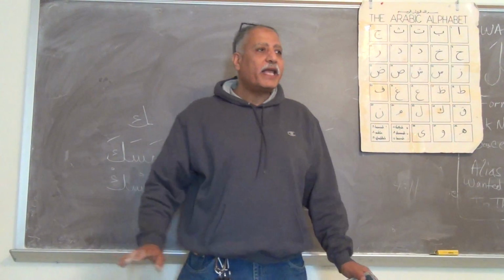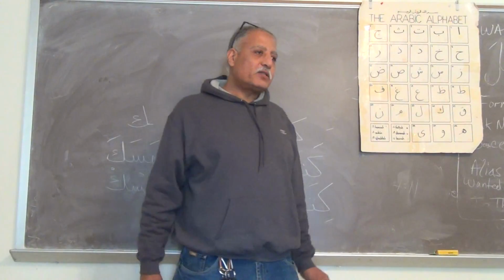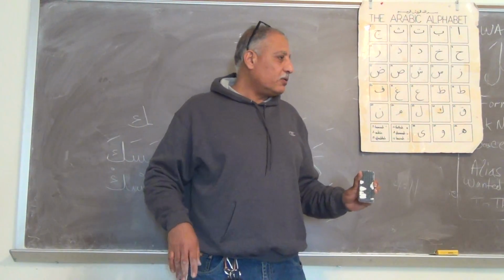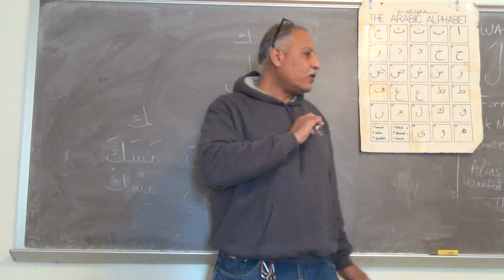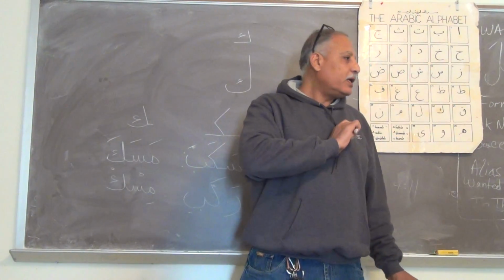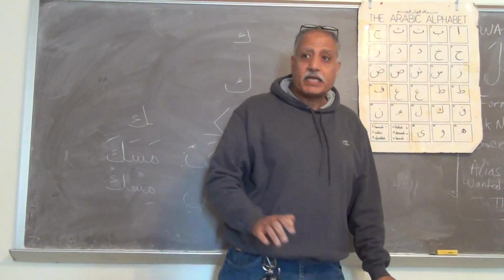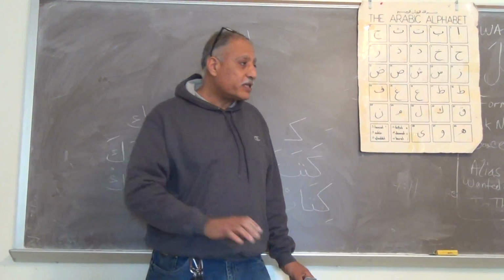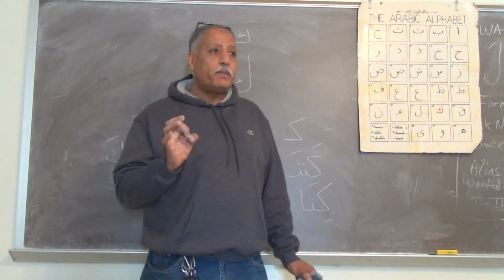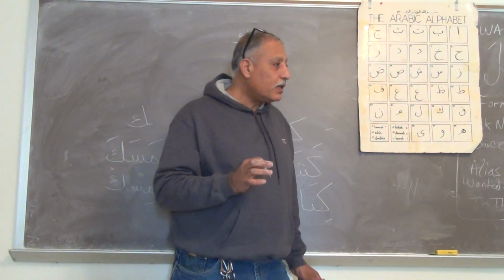What if we mix them together? It will be completely wrong. Someone might call somebody, hey, you have a good kelb, and that means you mistook it. Kelb is not heart. Kelb is a dog. You have to say qalb, because kelb is a dog.